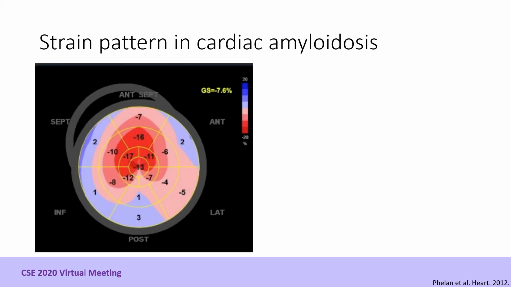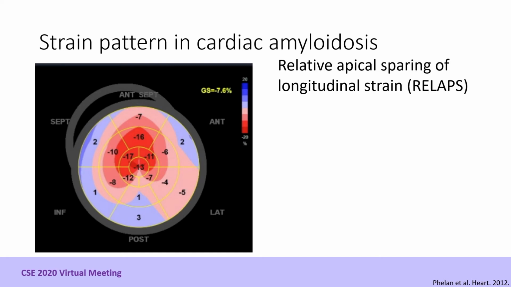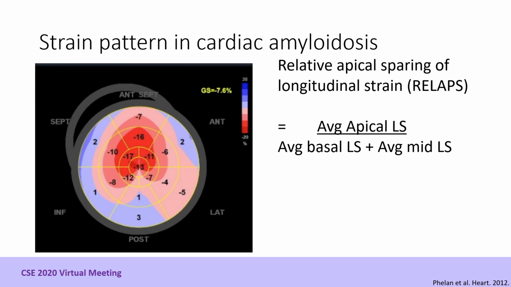The typical strain pattern in patients with cardiac amyloidosis has often been described as a cherry on top with relative sparing of the apical segments. As highlighted in this consensus recommendations, this can be quantified with the relative apical sparing of the longitudinal strain ratio, which can be calculated by dividing the average apical longitudinal strain by the combined average of the basal and midventricular segments, with an abnormal ratio being greater than 1.